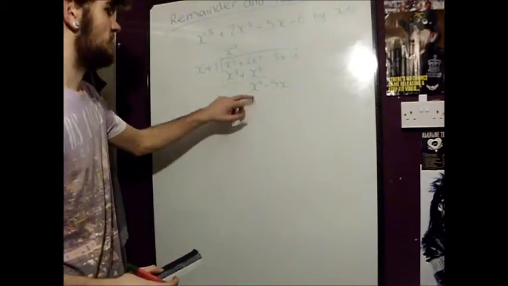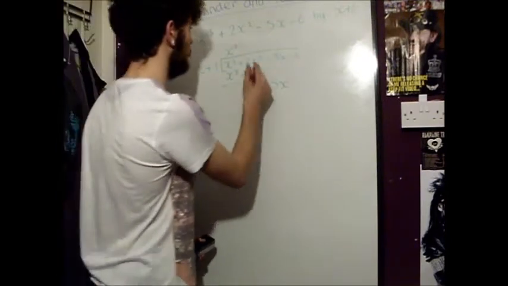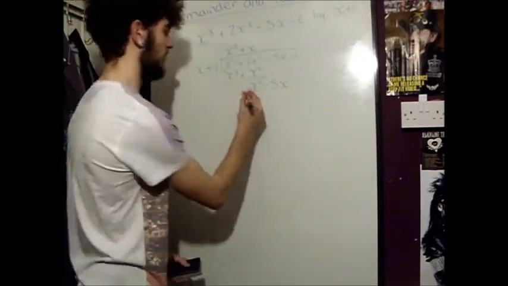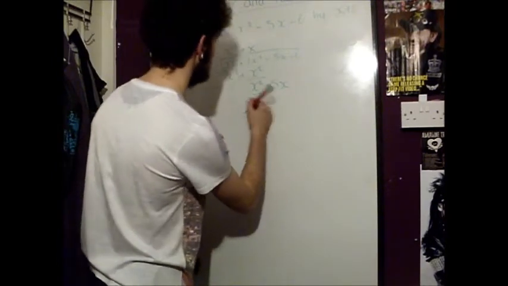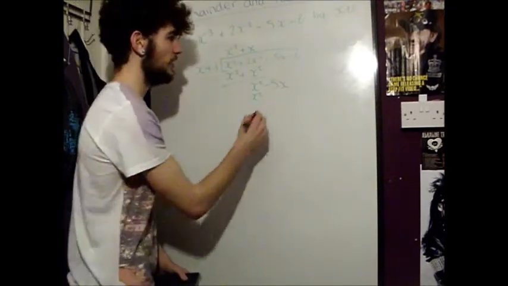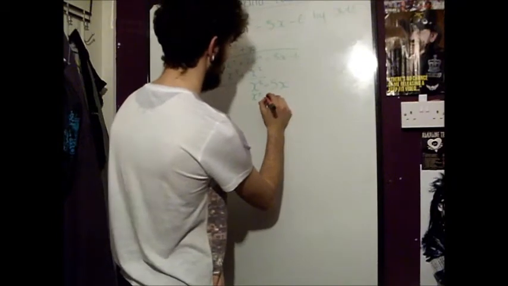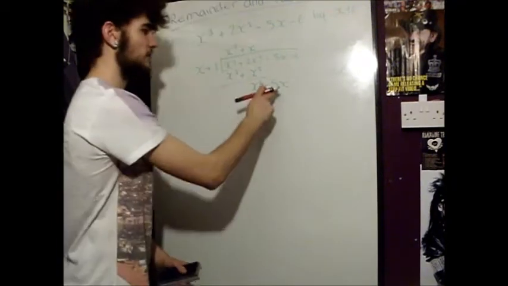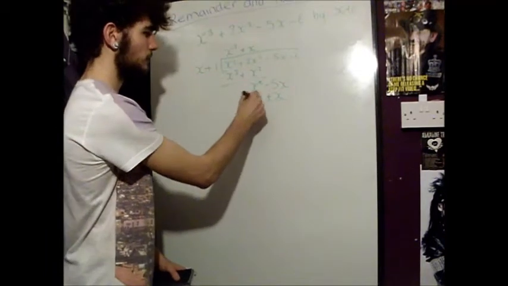If you times x by x, it gives us x squared, which is what we want, so plus x. So x times x equals x squared. 1 times x gives us plus x. And you take them away from each other, so that gives us 0 here.